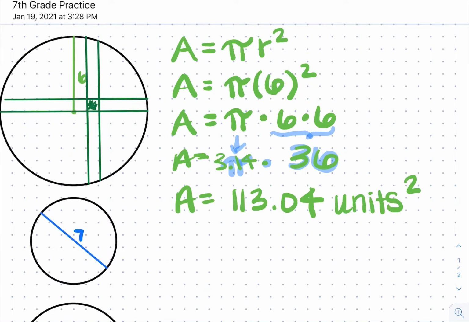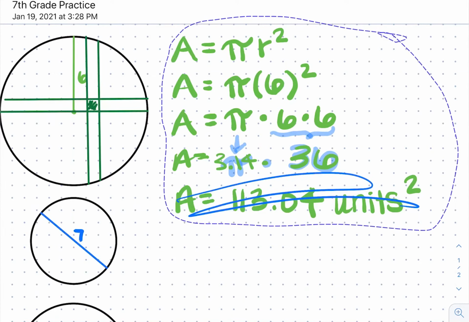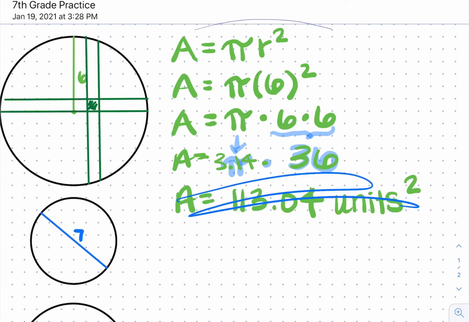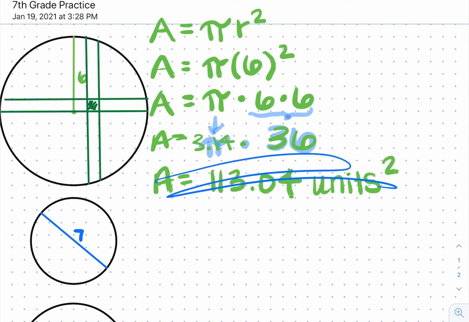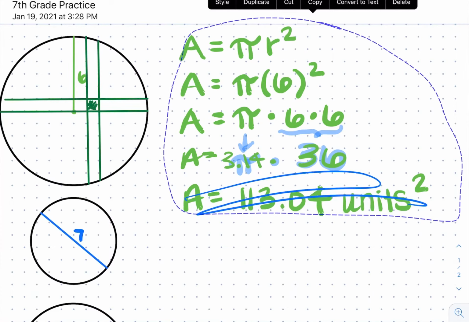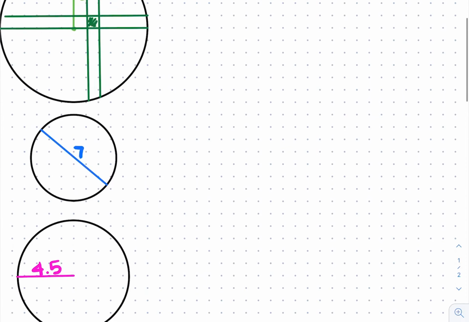Our next problem is going to be this blue one. And real quick, I'm going to get rid of all of the green, and we'll start with blue.